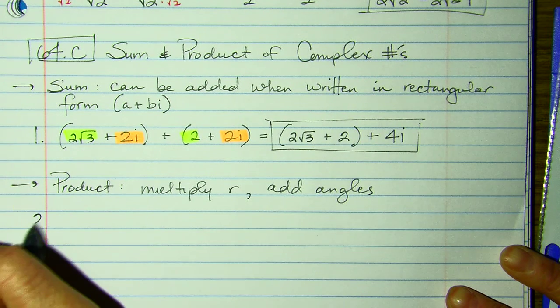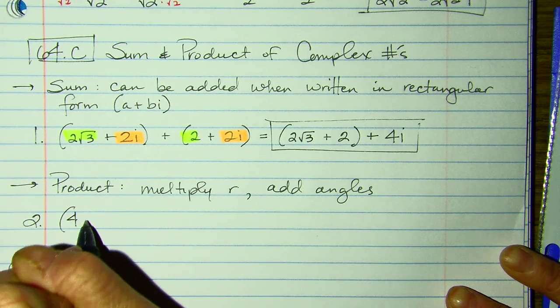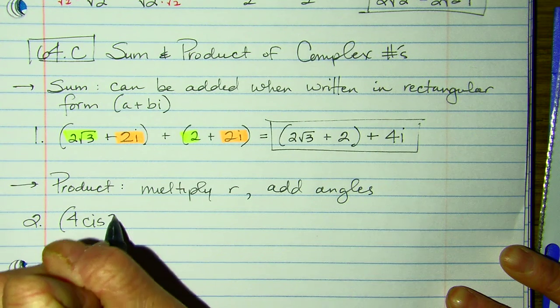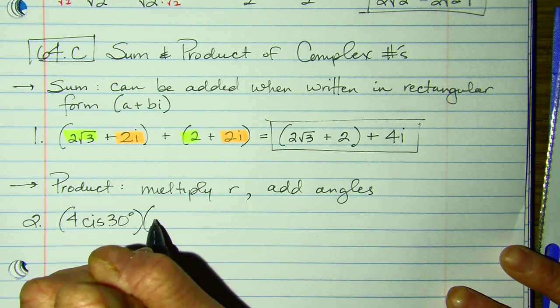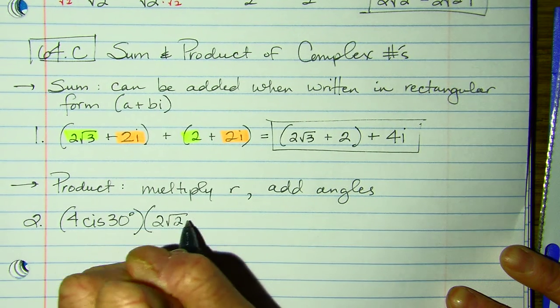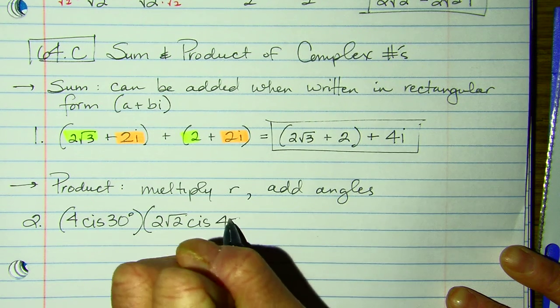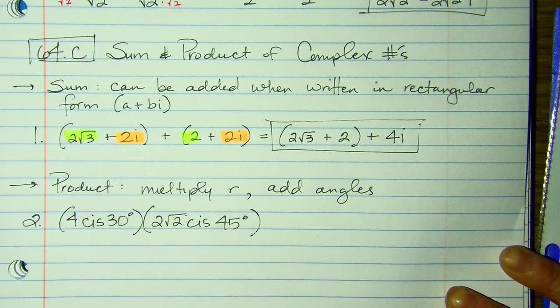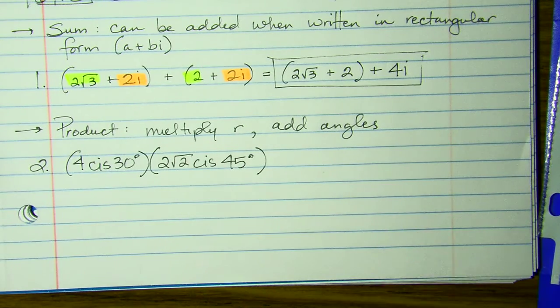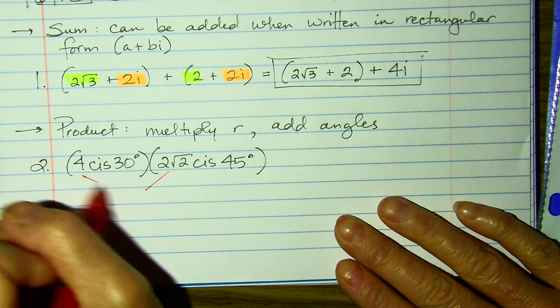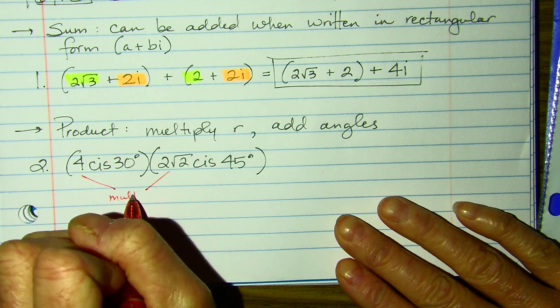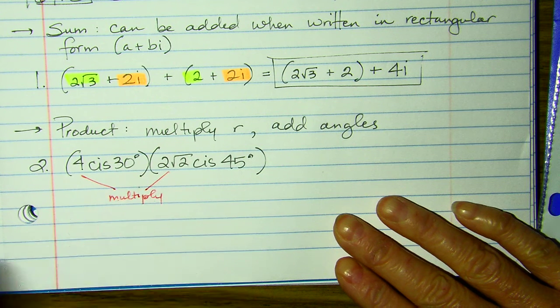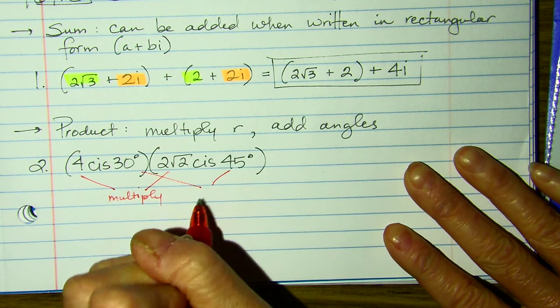So for example, if I have 4 CIS 30 degrees times 2 root 2 CIS 45 degrees, I'm going to follow what I wrote here. I'm going to multiply r, because those both represent r, and these we are adding.